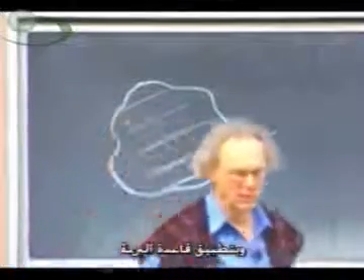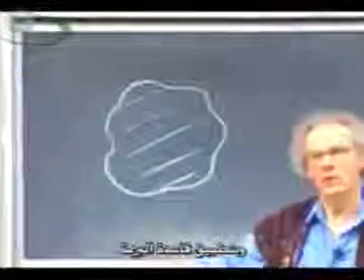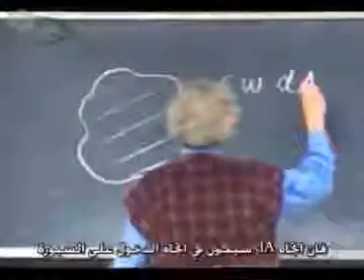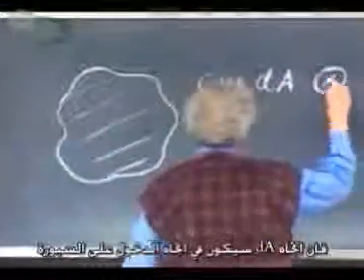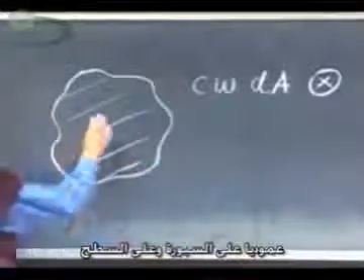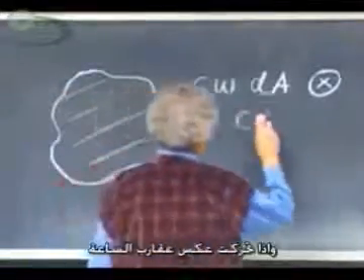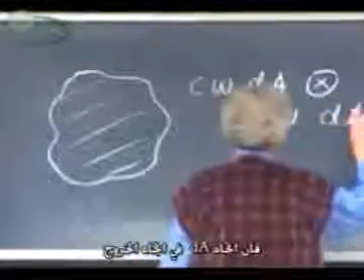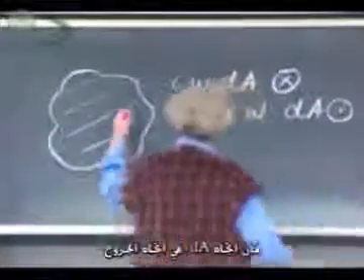I can go clockwise, I can go counterclockwise. We will then do the same thing that we did before with Ampere's law, apply the right hand corkscrew rule, and that is that if you march around clockwise, then dA will be into the blackboard, perpendicular to this surface, and if you go counterclockwise, then dA will come towards you.